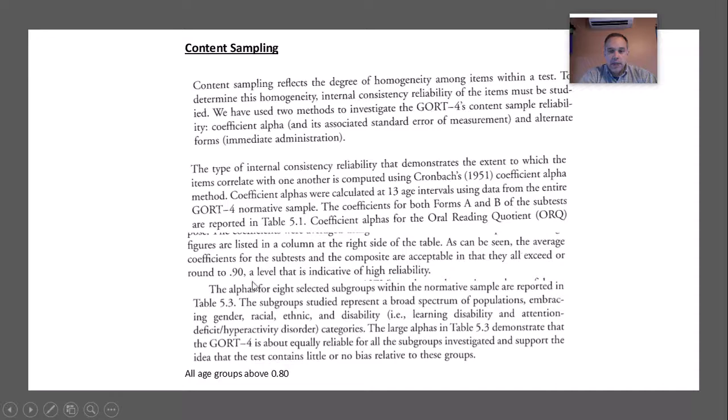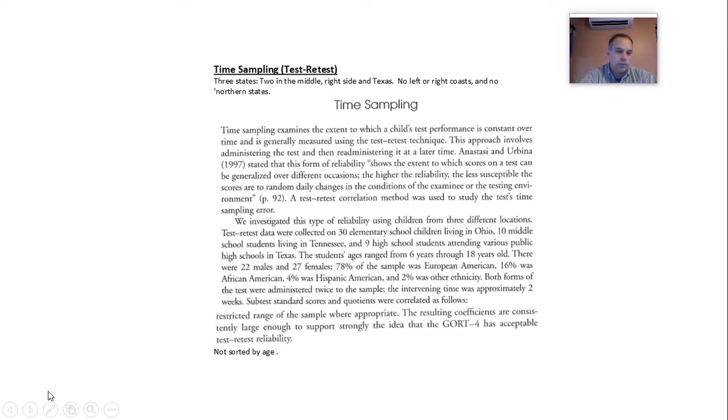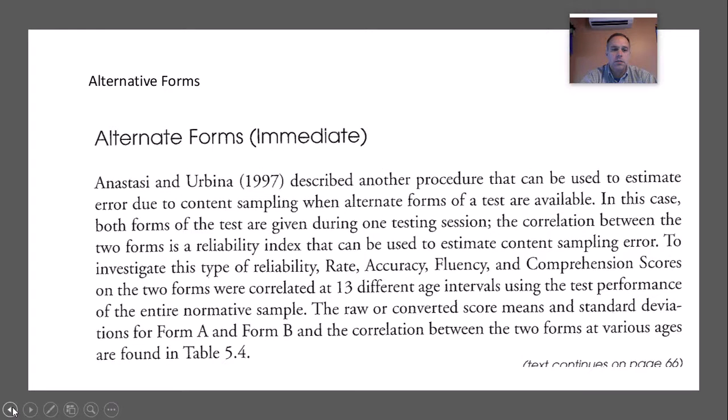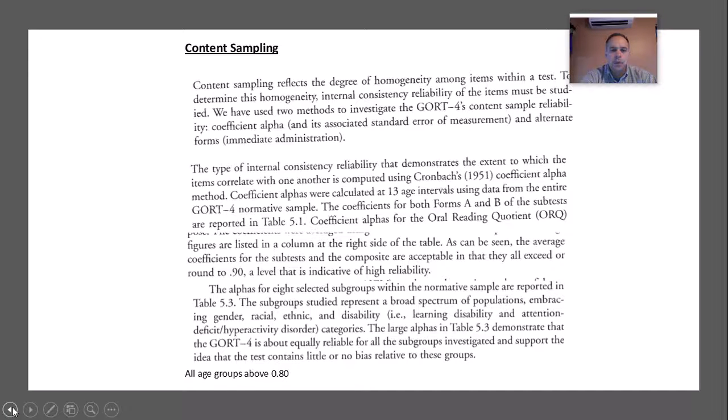As can be seen, the average coefficients for the subtests and the composite are acceptable in that they all exceed or round to 0.9. So according to the statistics that they did and their own self-imposed guidelines, it's highly reliable. Oop, I just somehow advanced very far ahead. Let's get back to where I was. Yep. And all age groups, when I looked at that table, were above 0.8.